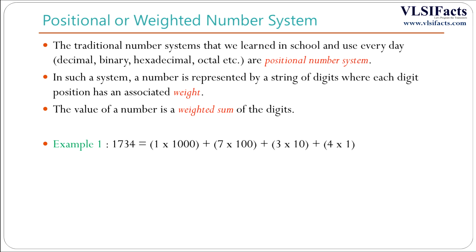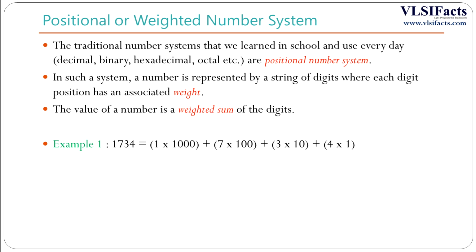For an example, let us consider a number 1734, which is a base 10 number. Now this particular number can be written as 1 into 1000 plus 7 into 100 plus 3 into 10 plus 4 into 1. Here we can say weight of 4 is 1, 3 is 10, 7 is 100 and weight of 1 is 1000.